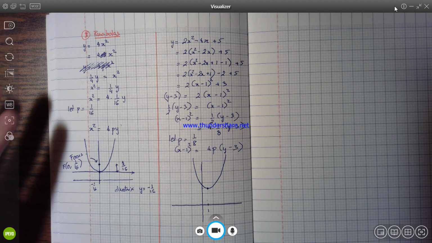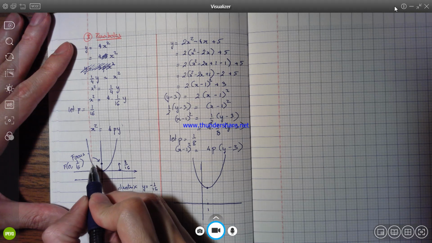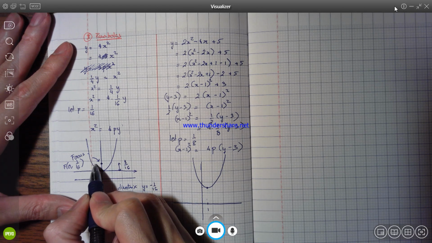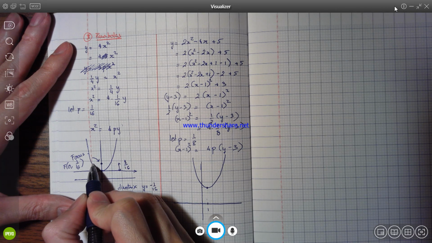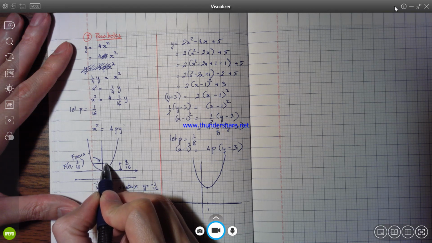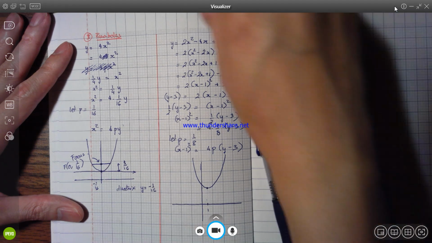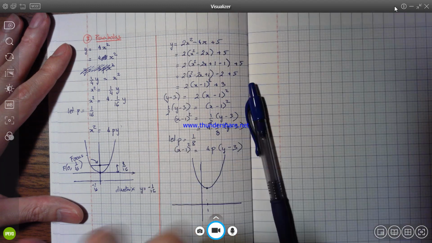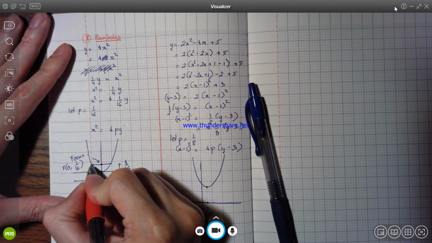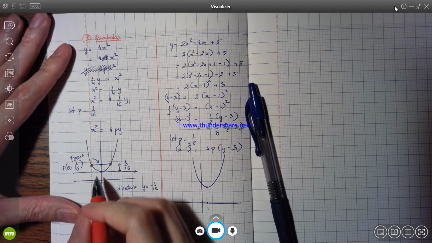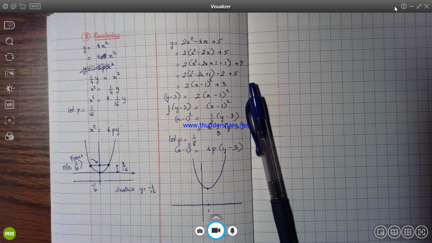Okay, and if I draw a horizontal line that cuts the parabola at 2 points, the 2 points right here, these 2 points have a very special name.